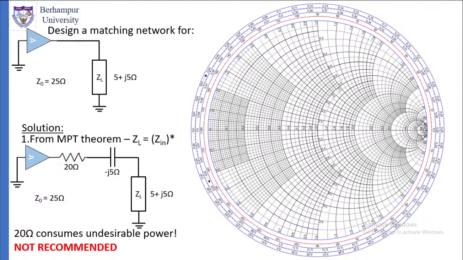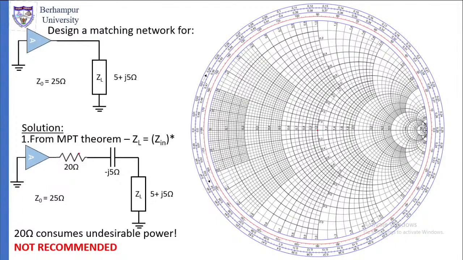Inductive reactance can be compensated by a capacitive reactance. So we will add in series a capacitance whose impedance is minus j5. So 20 minus j5 is the impedance of the added section.